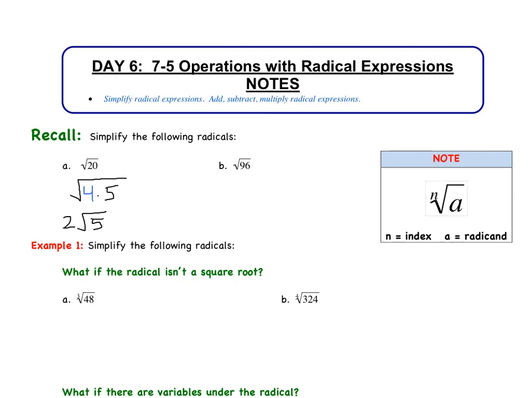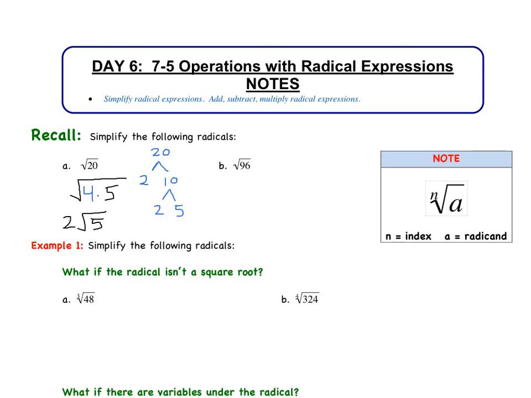All right, so that aspect should be review. However, if we can't come up with the biggest perfect square, we can do our jailbreak method looking at the prime factors of 20. A little side note, I can take 20, and since 20 is even, I'm going to divide by 2. And 2 times 10 is 20. 10 is still even, so I divide that by 2, and I get 5.